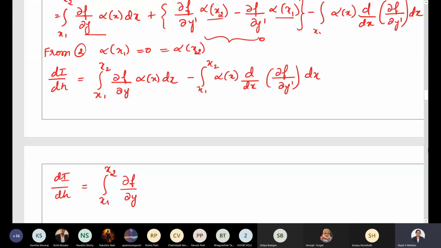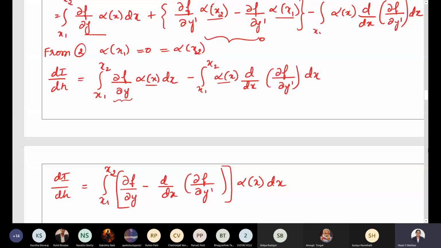Alpha of x is also a common term. What is remaining is ∂f/∂y minus d/dx of ∂f/∂y', times alpha of x dx. We have simplified and written.